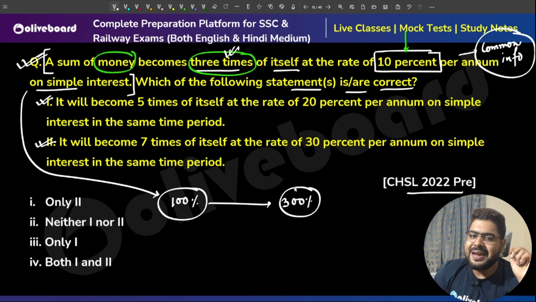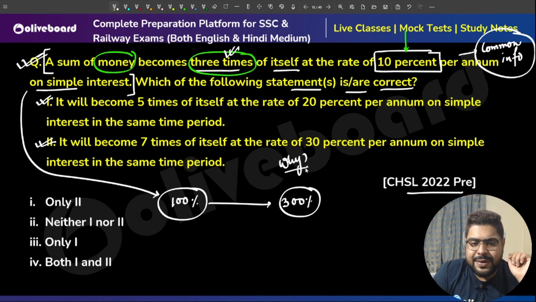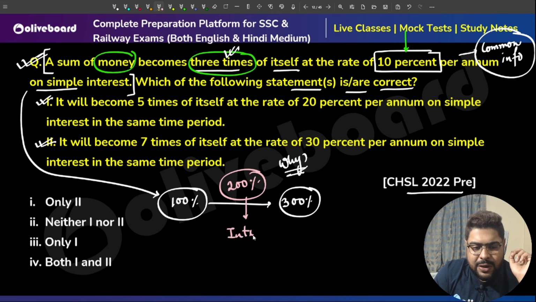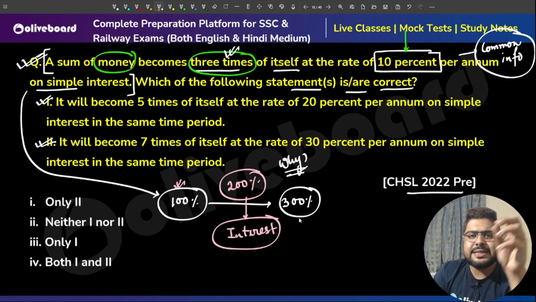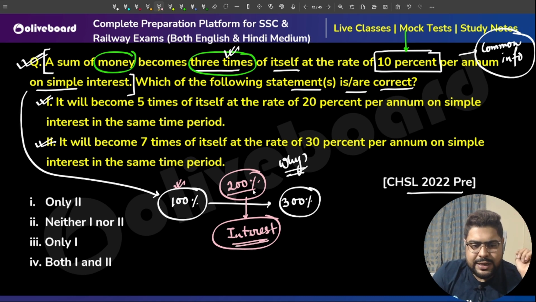Why does this happen? Because there is an interest component involved, and that interest is 200%, because interest is getting added to the principal. That is the reason we are getting this amount of 300%. So this is 200% interest.